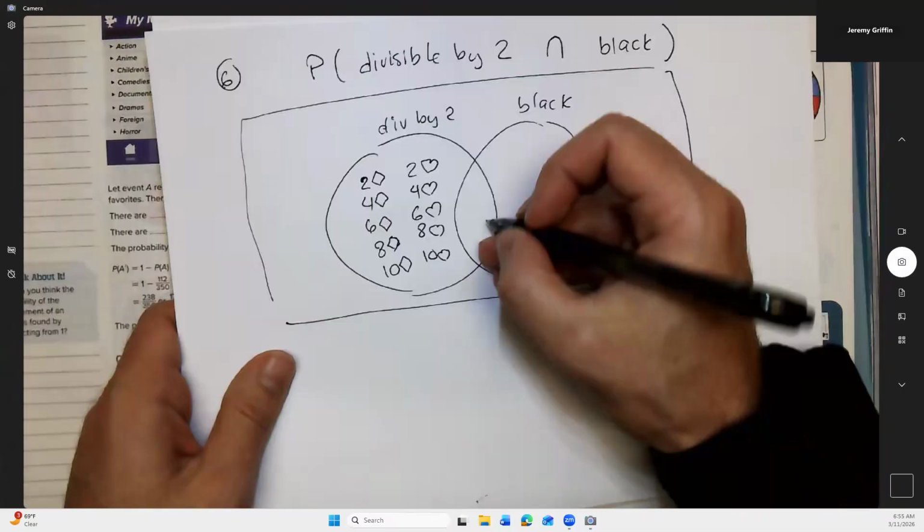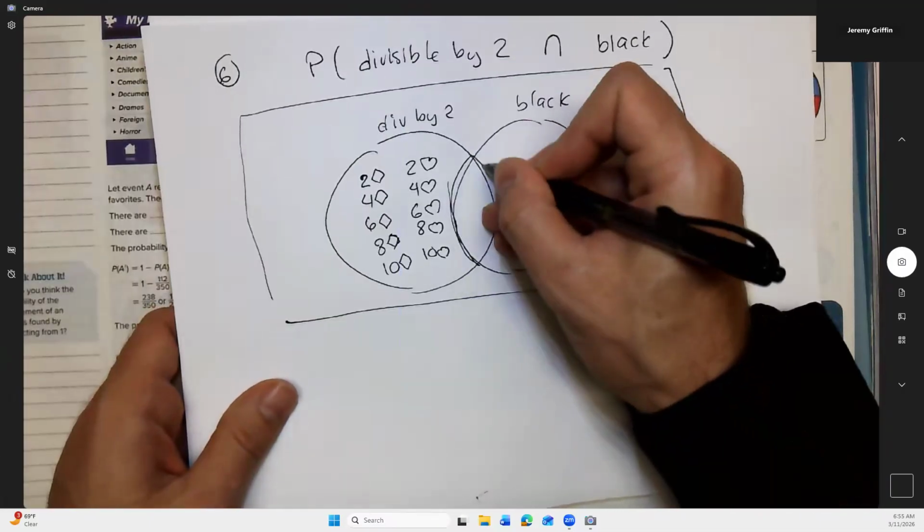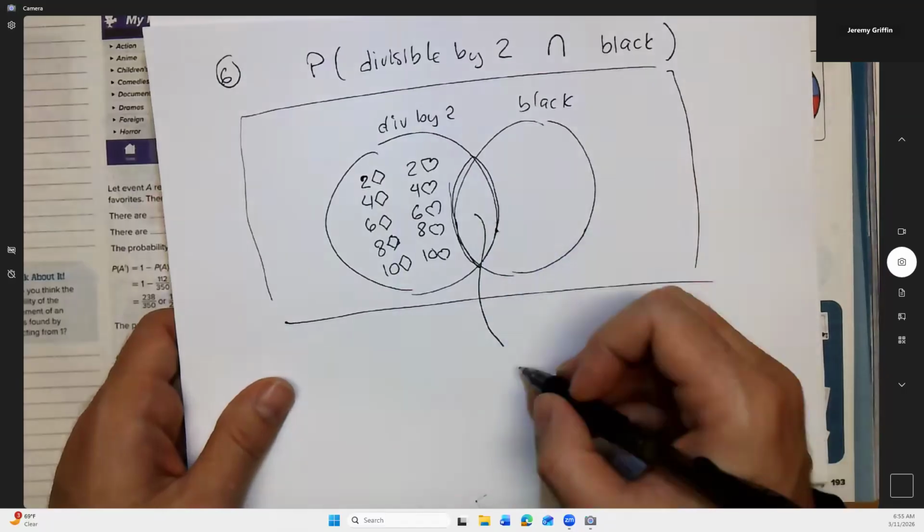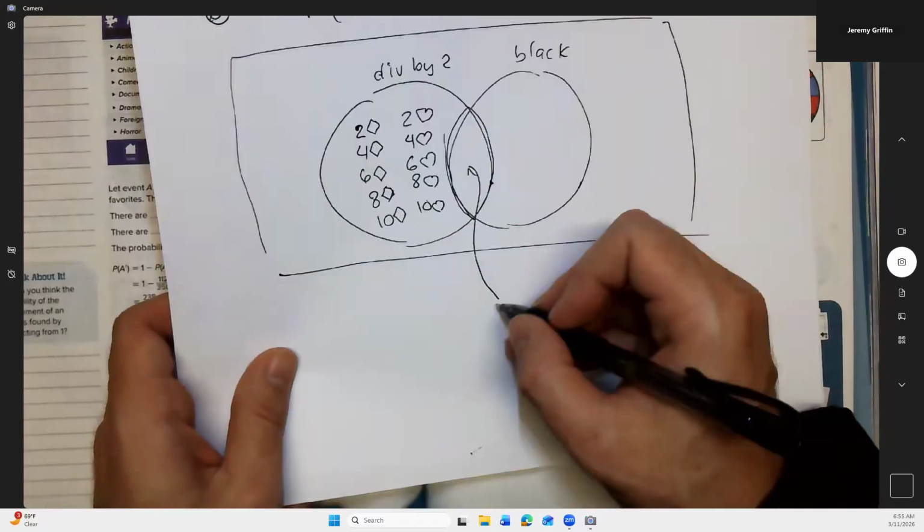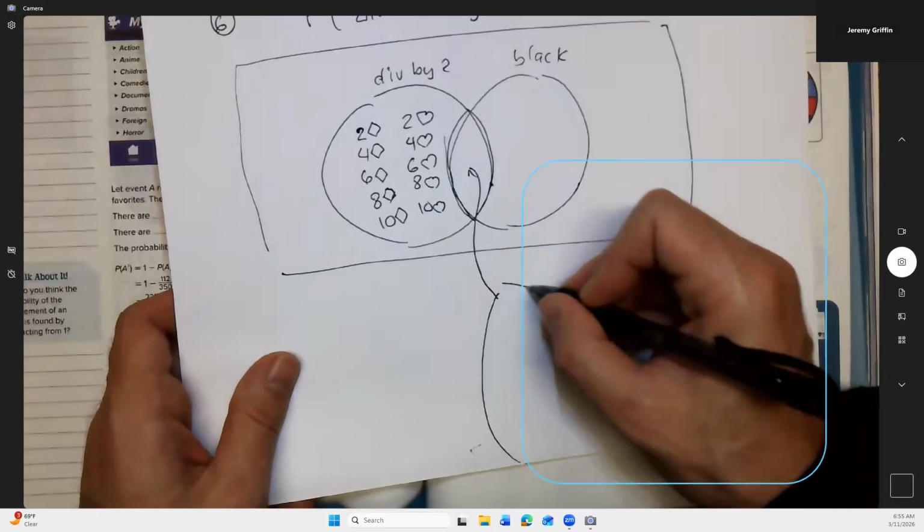I'm gonna blow up this intersection a bit. I didn't draw this big enough. Right here in this intersection, I'll just draw this bigger. There we go.